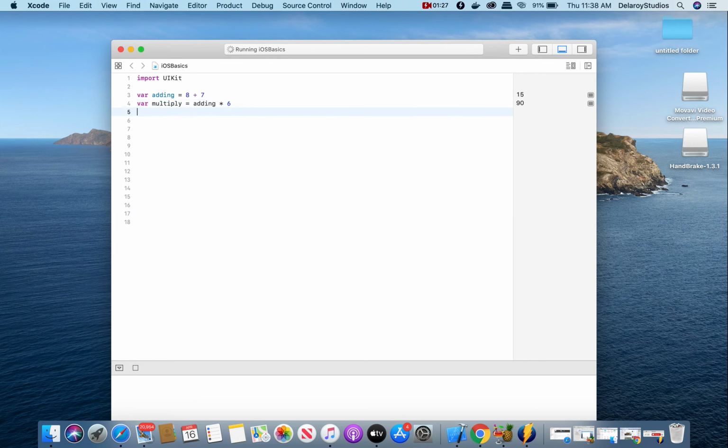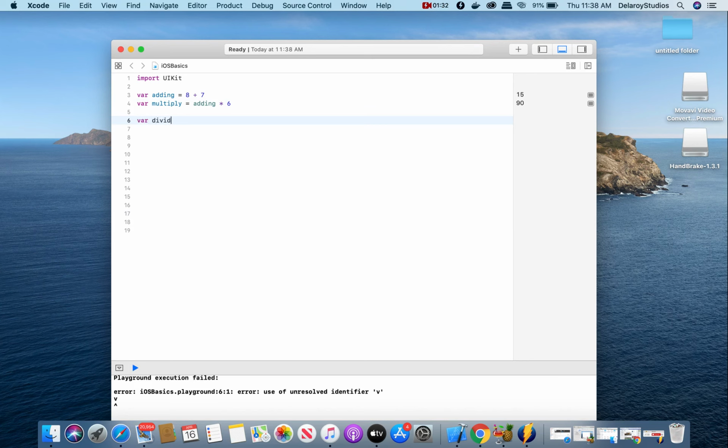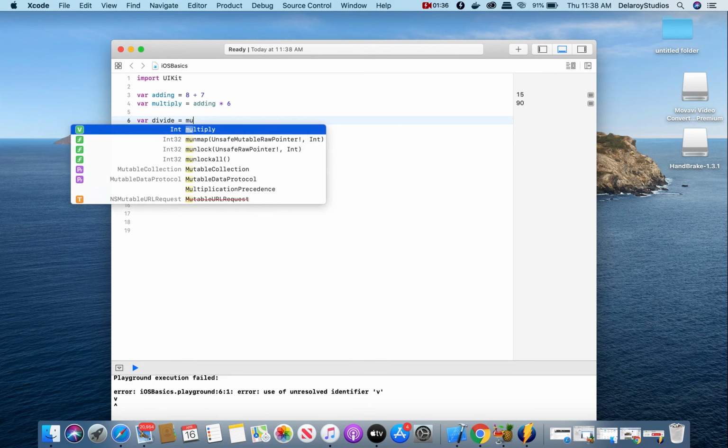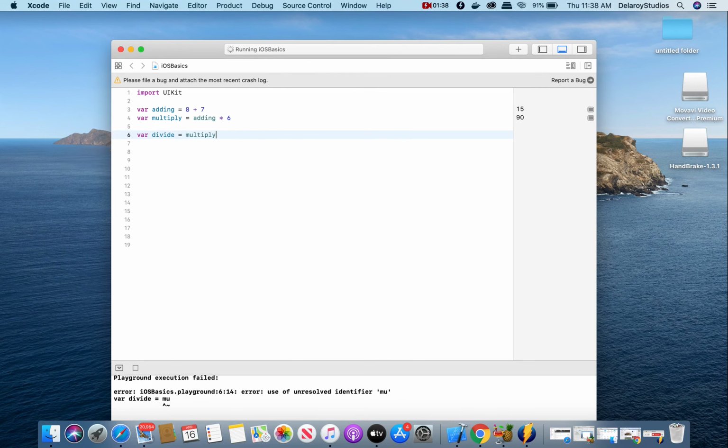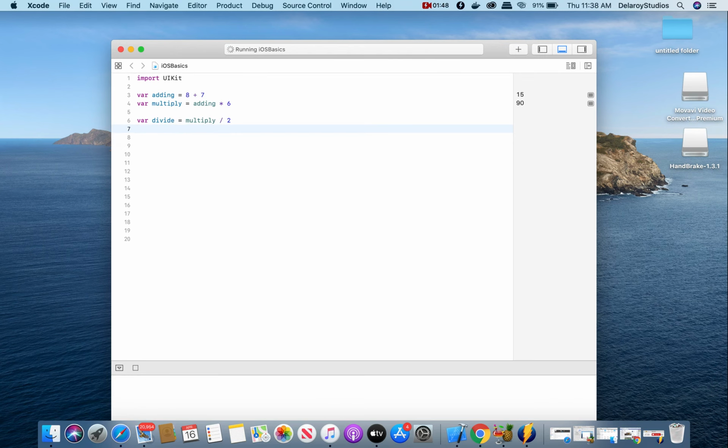What do we have? 90. Let's do some division. We use the multiply value divided by 2. What do you have? We'll get to see the results of that.